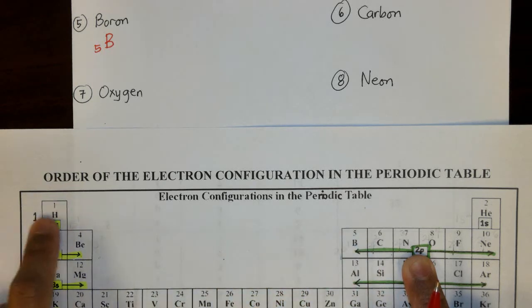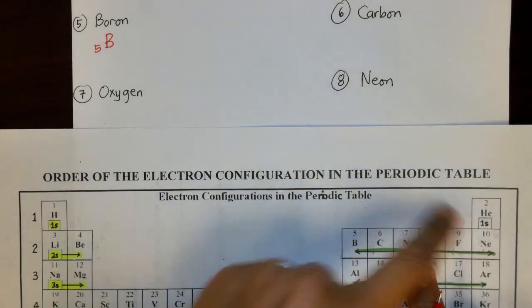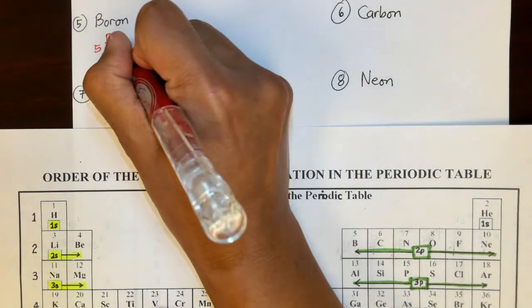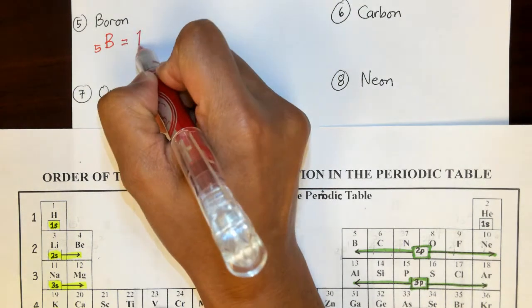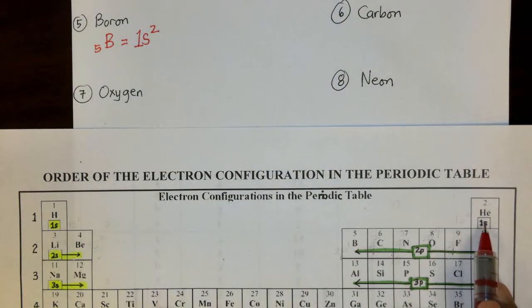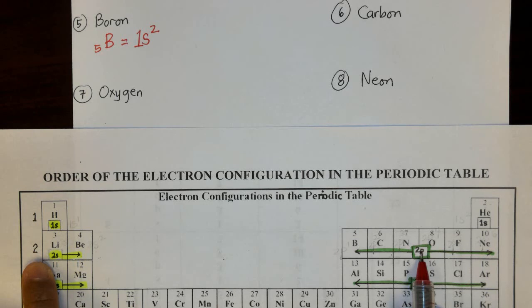So what's our first floor? The first floor is always the 1s2 for the 2 elements. So I'm going to write that down first: 1s2. So that's my first energy level. Then after 1s2, do not go here right away. You look from the left first.